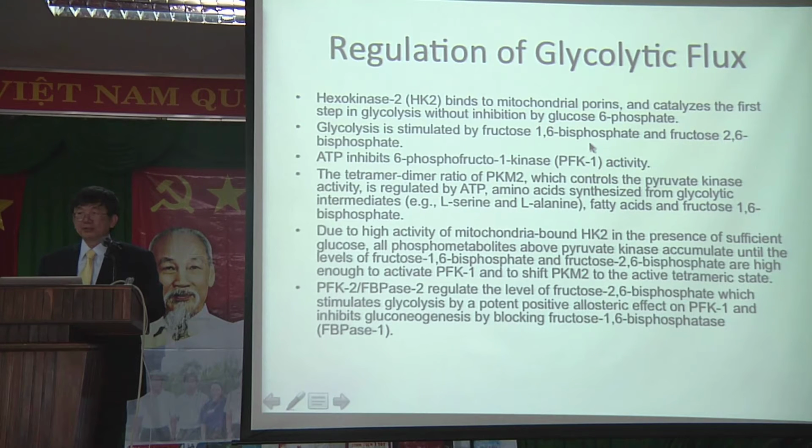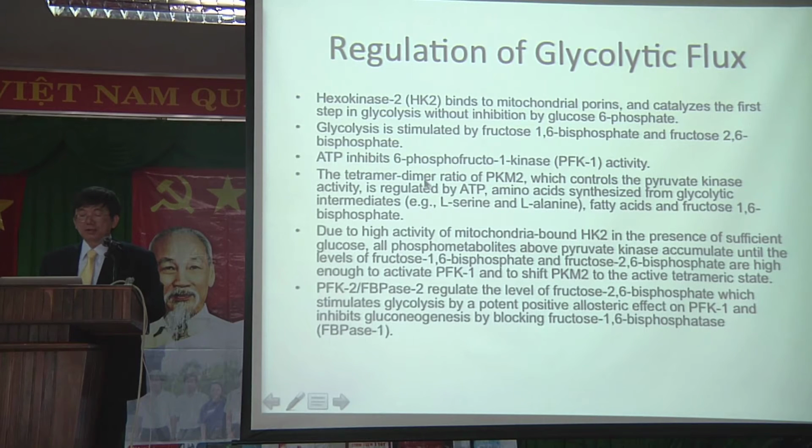That is why p53 through TIGAR can put a brake on the metabolic pathway of glycolysis. ATP also inhibits 6-phosphofructo-1-kinase, PFK1 and 2. This is a feedback inhibition by the energy currency.